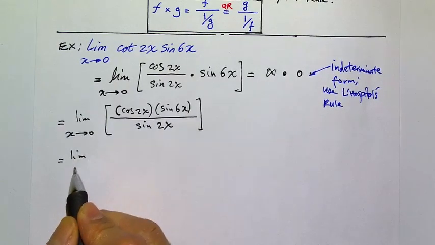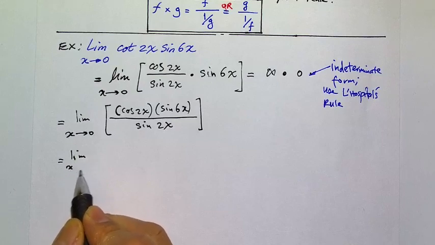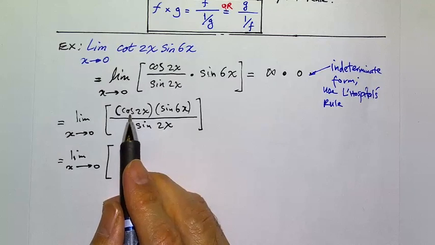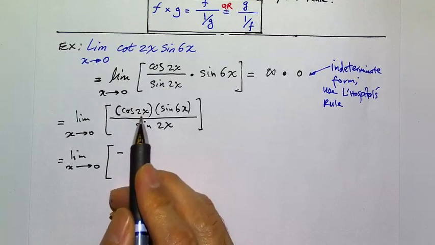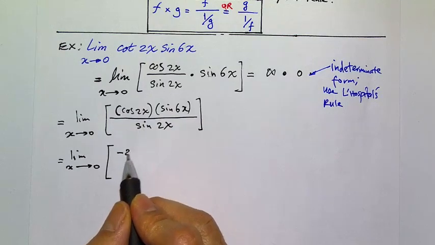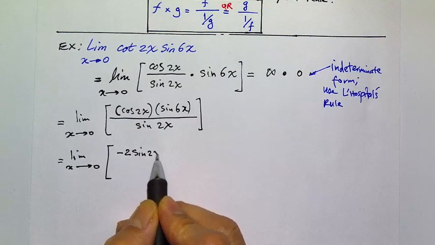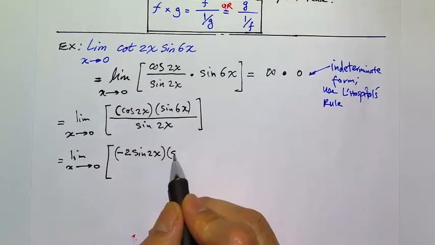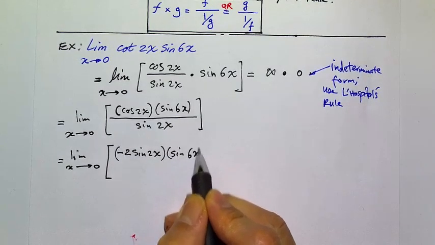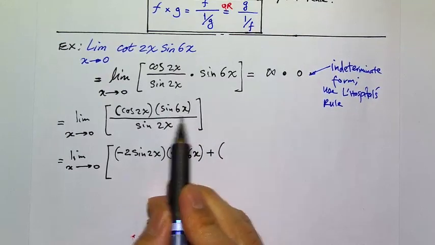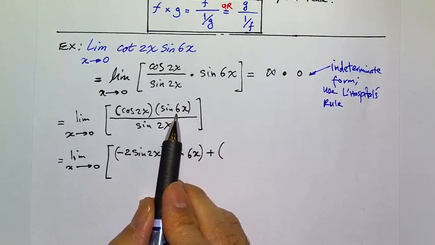So the limit as x goes to 0 is equal to, that would be minus, by the chain rule, we have to multiply it by this 2, right? So minus 2 sine of 2x, that times sine of 6x plus cosine of 6x times 6 by the chain rule, right?